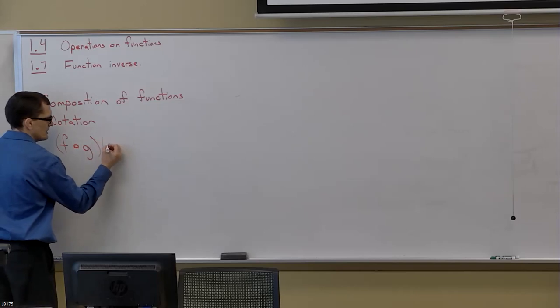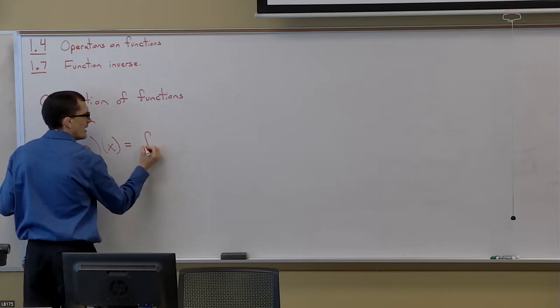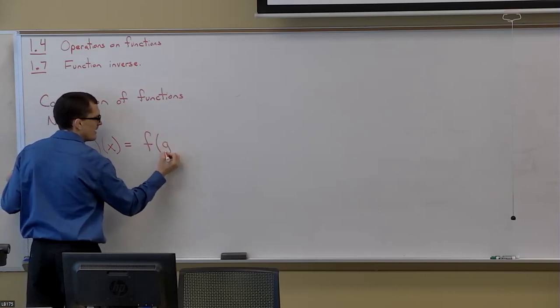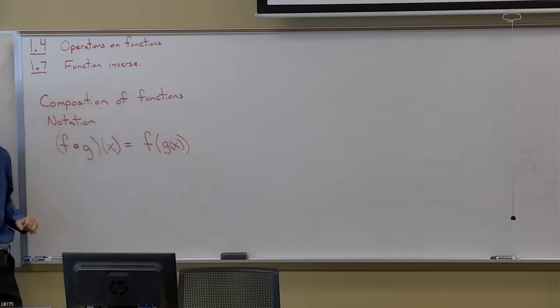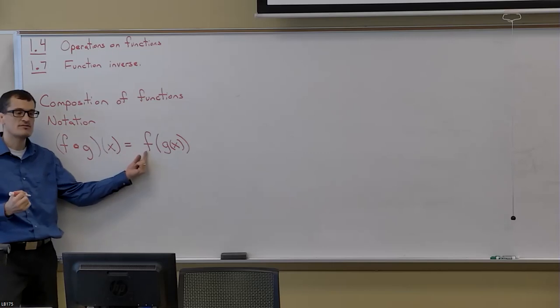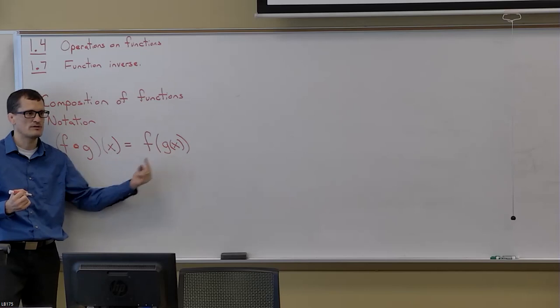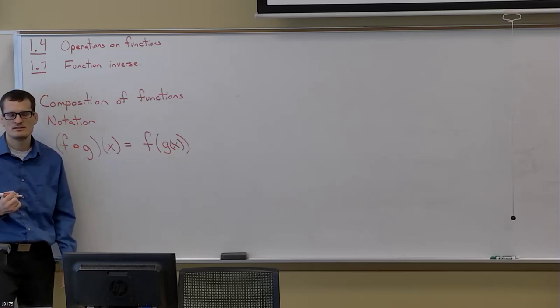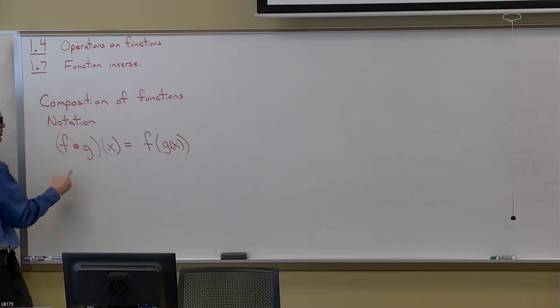So f of g of x. And what that means is you are going to take the input into f as whatever you got out as your output of g. So we input the output of g into f.